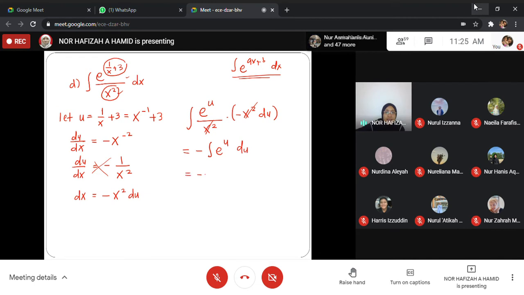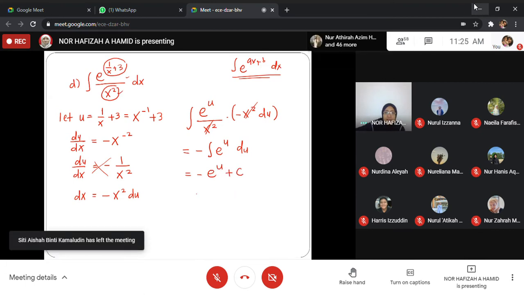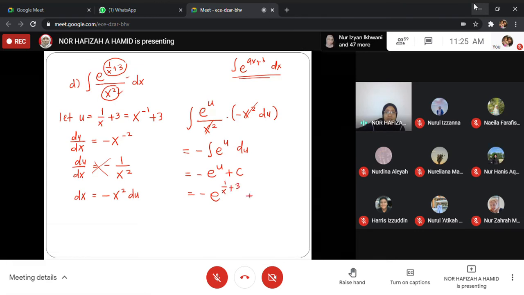Okay, so negative, integrate e to the power of u, you will have negative e to the power of u plus c. So final answer substitute back u with 1 over x plus 3, plus with c. Okay, so ini for D. Okay, ada soalan tak for integrations of exponential using substitution method?